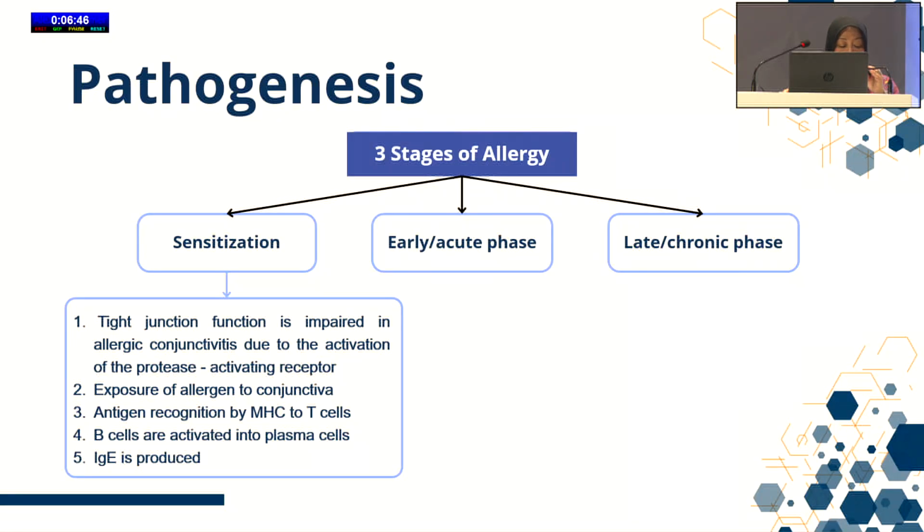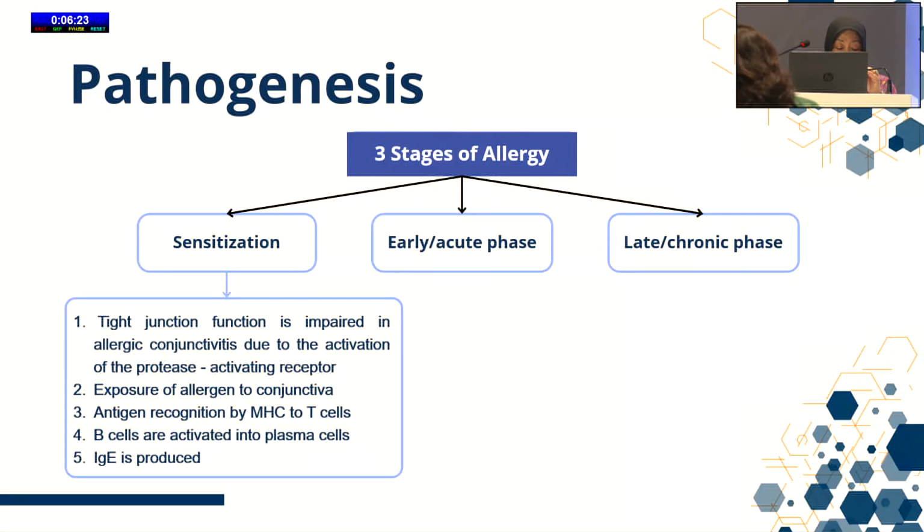There are 3 phases of allergic pathogenesis. First is sensitization, where the initial exposure leads to IgE production, which binds to mast cells. And then the acute phase, where re-exposure triggers histamine release, causing itching, redness, and conjunctival swelling.